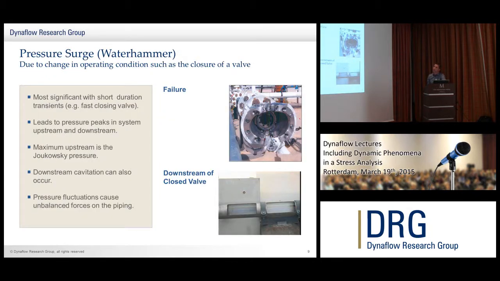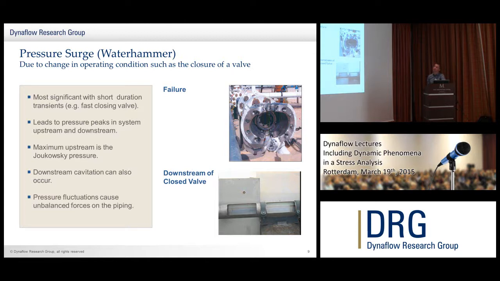We can also look at a one-off pressure surge or a Waterhammer event. What we're showing here on the right-hand side is a valve which has failed due to excessive pressure. This pressure has occurred due to the fast closure of a valve. So, for example, an emergency shutdown valve is closed in a number of seconds.